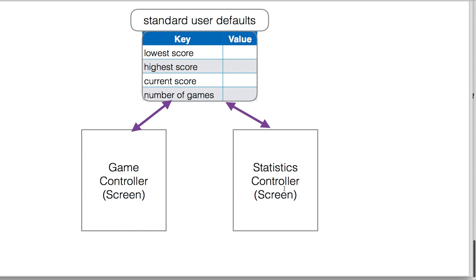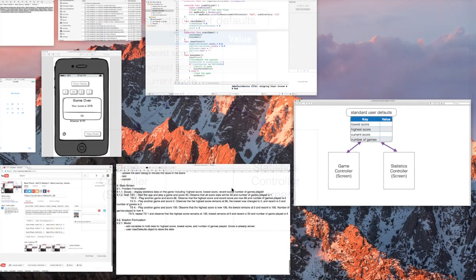The only key consideration for the game controller and the stats screen to connect correctly is that both of them need to access the same key. So the key that the game controller used to store the data or read the data has to be exactly the same key that the statistics controller will use to access and to use this data. So we'll use the standard UserDefault mechanism to store the data between the two screens.